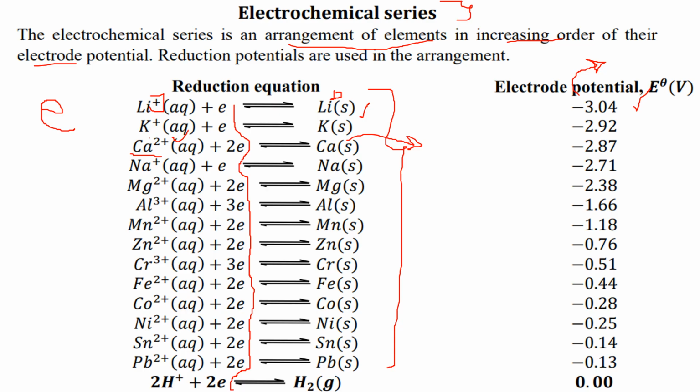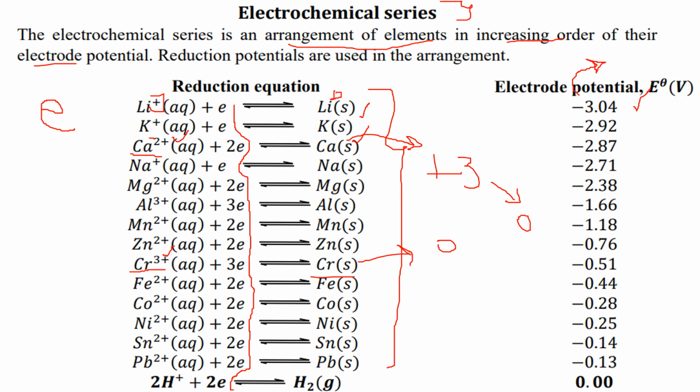So we come from +2 to 0. Here in chromium, you come from +3 to 0. Here we have a charge of +3, but up here we have a charge of 0. So we came from +3 down to 0, and that's called reduction in oxidation states.